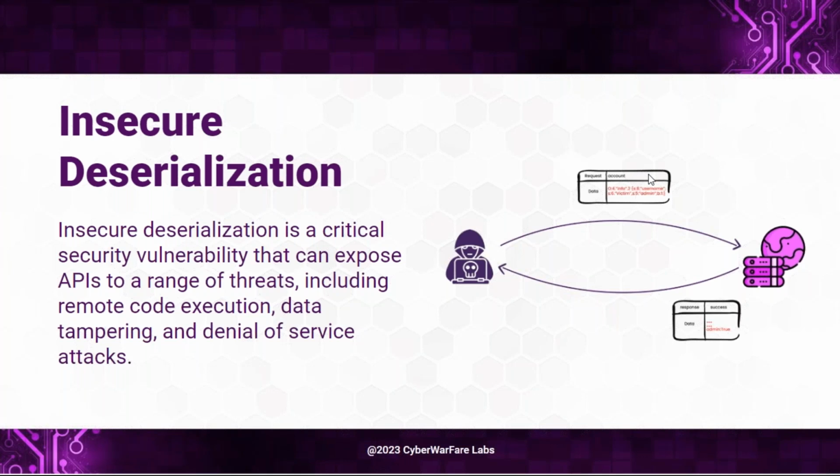Think of it as packaging data for shipment. And then the opposite of serialization, deserialization, is the process of converting already serialized data back into its original form. It's like unpacking the data on arrival.